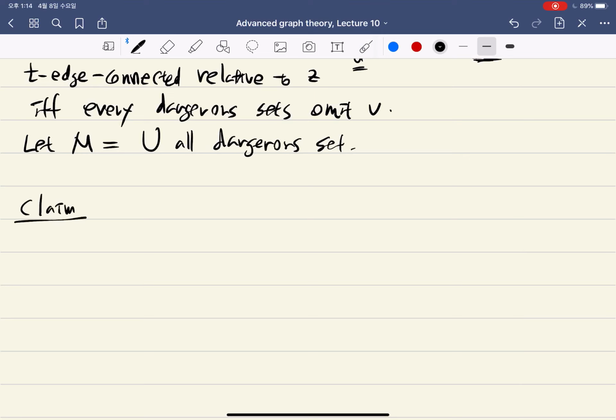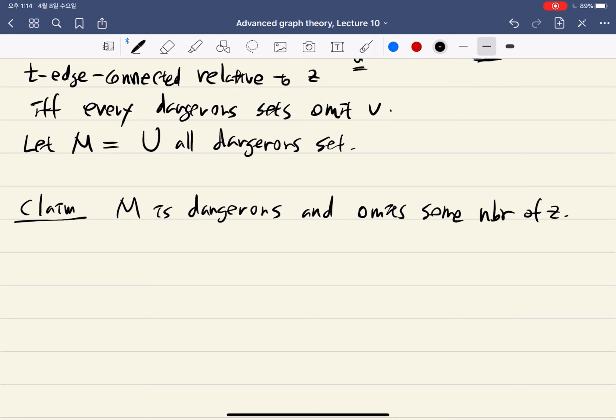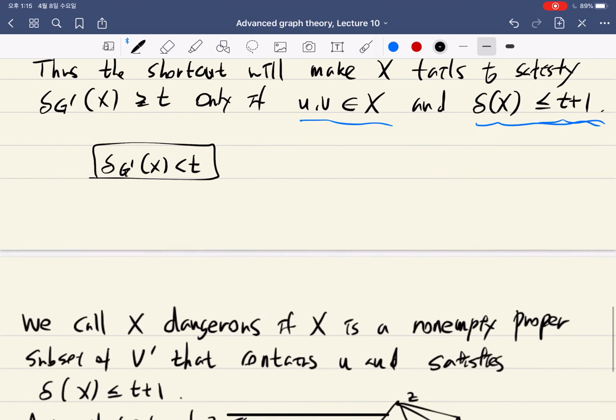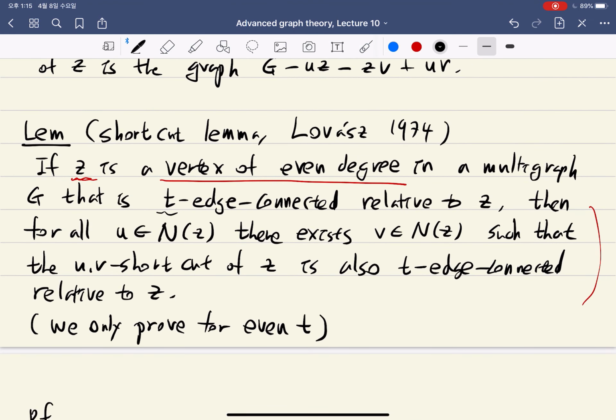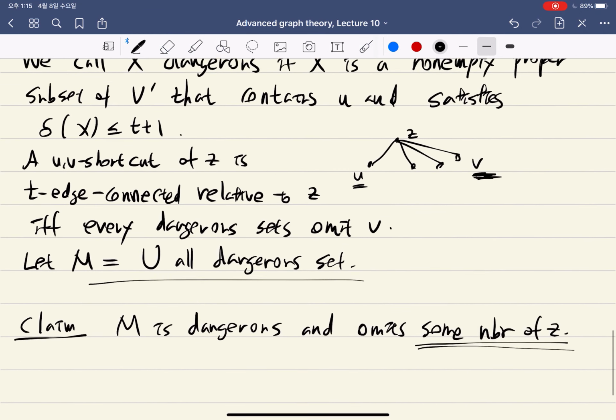And now what we want to prove is that M itself is dangerous and it omits at least one neighbor of G. Then this is sufficient for our purpose. All we have to do is take some specific neighbor which is not in the union of all dangerous sets, so it is not in any dangerous set. So we take that V. Then the UV shortcut of G is also T-edge connected relative to G.